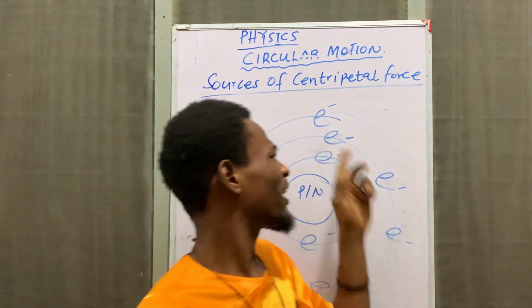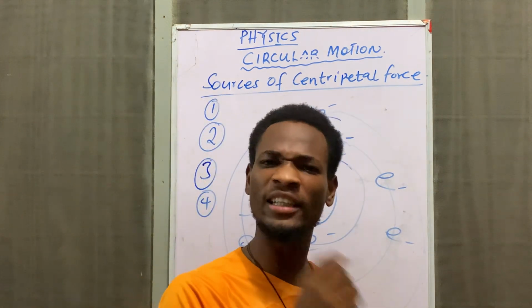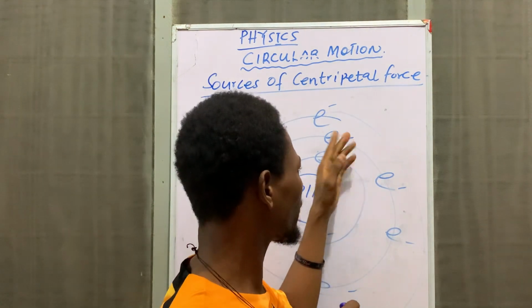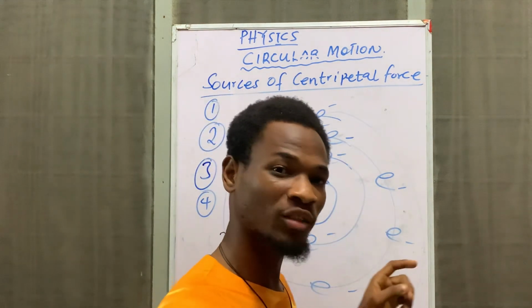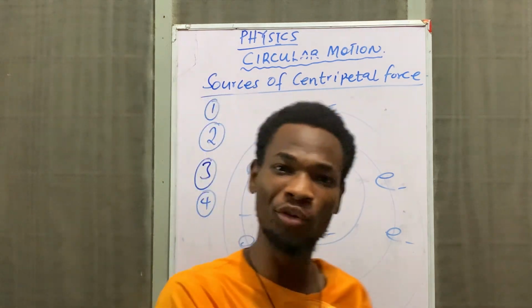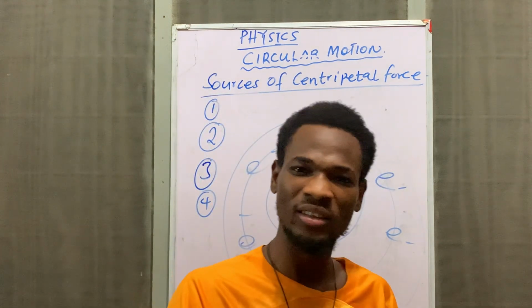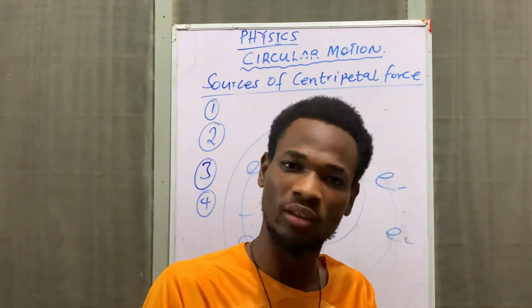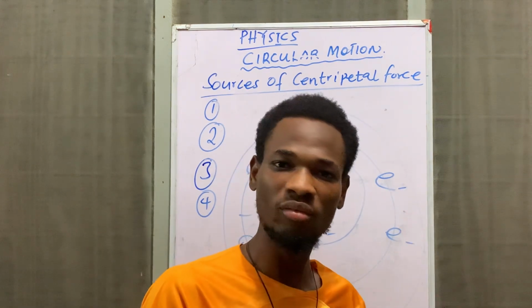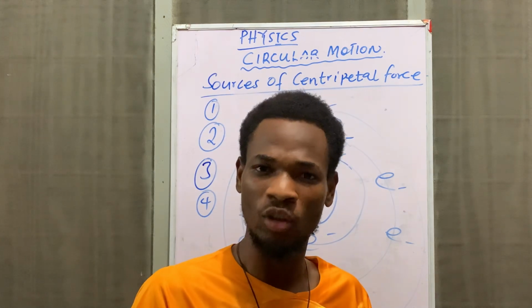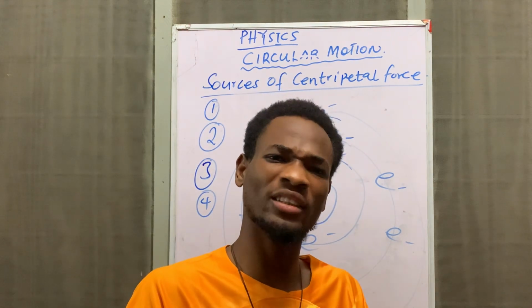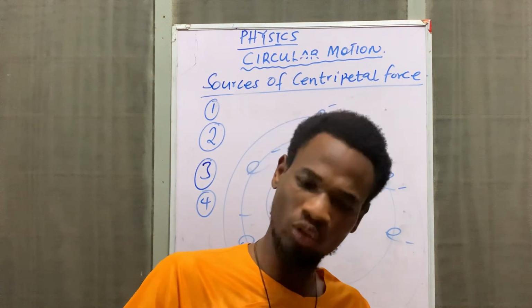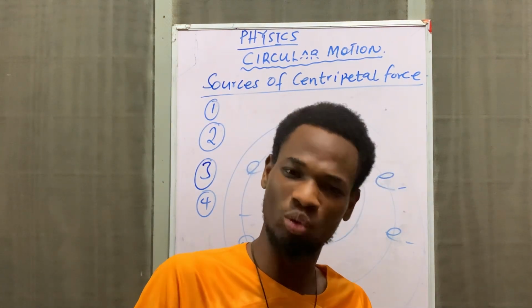So the electrons, the negatively charged bodies over here, can only perform circular motion about the nucleus when there is an electrostatic force between what? The charged bodies over here. So it is this electrostatic force of attraction between the electron and the nucleus that will help the electron finally to take what?